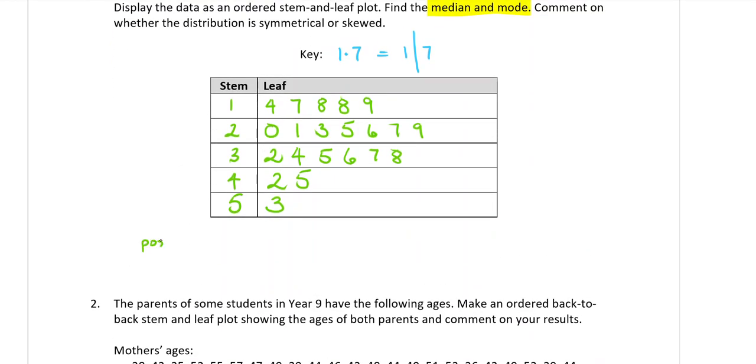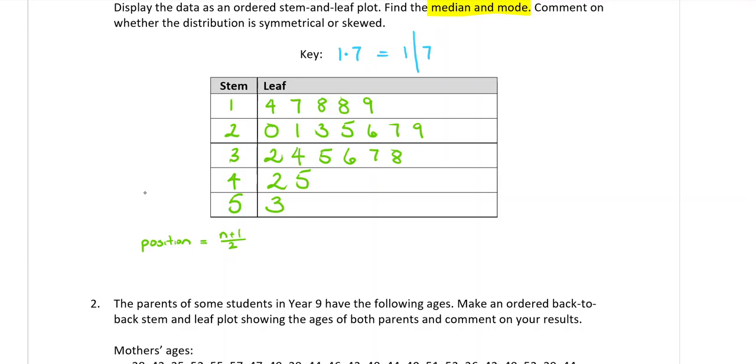So the position of the median is found by doing n plus 1 over 2. N is the number of data scores that we have in there, which we can find by counting up the leaf. 1, 2, 3, 4, 5, 6, 7, 8, 9, 10, 11, 12, 13, 14, 15, 16, 17, 18, 19, 20, 21.